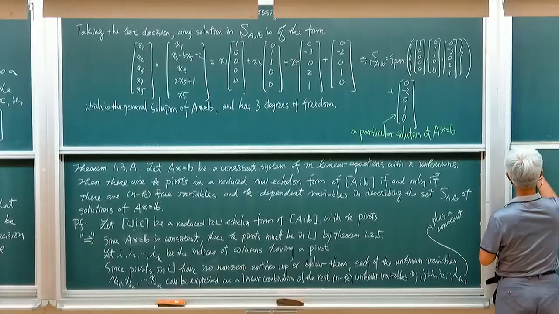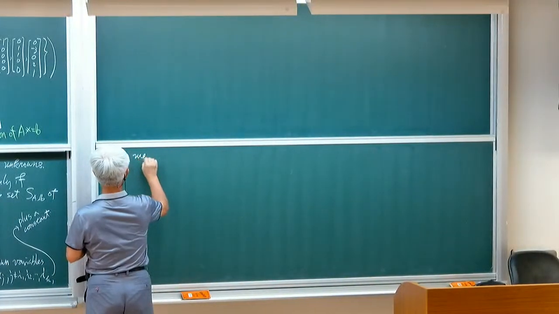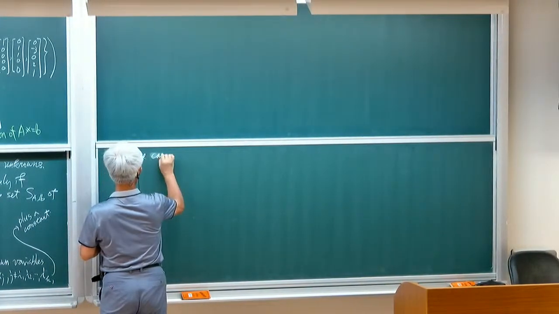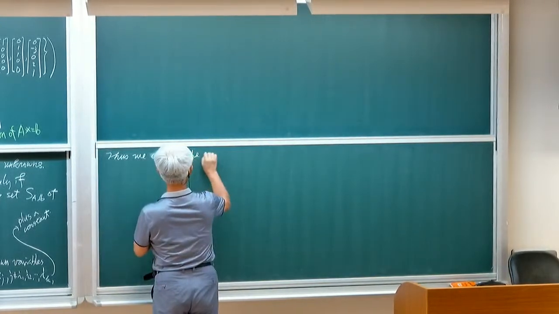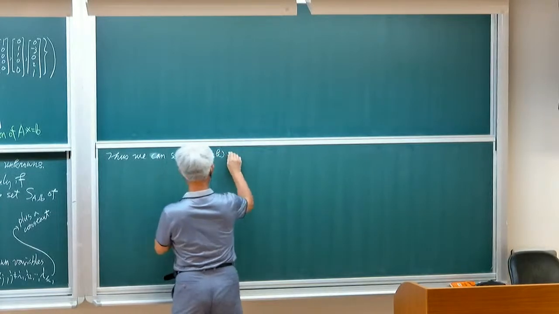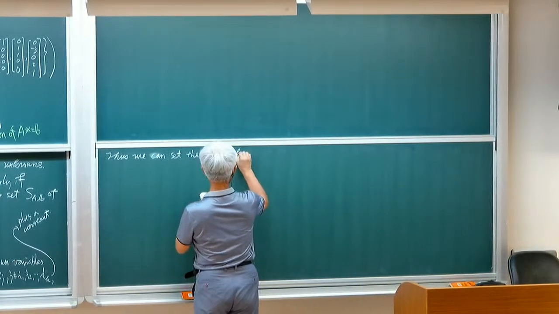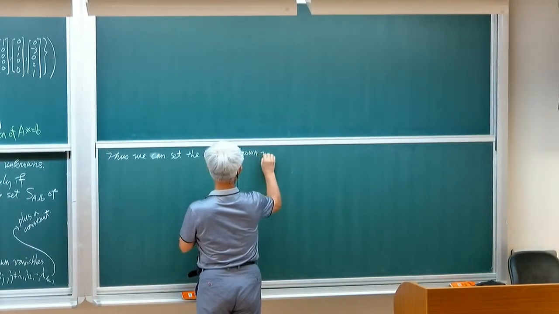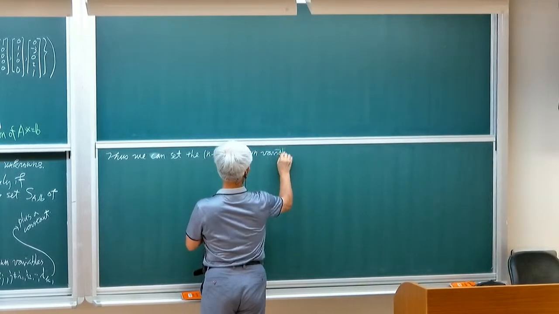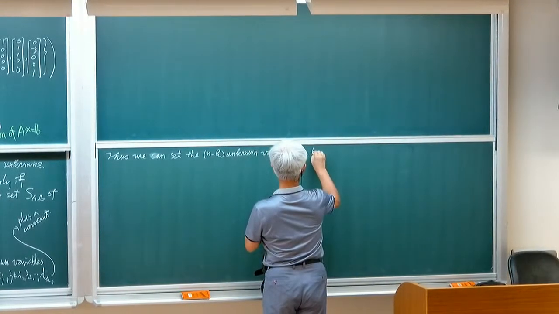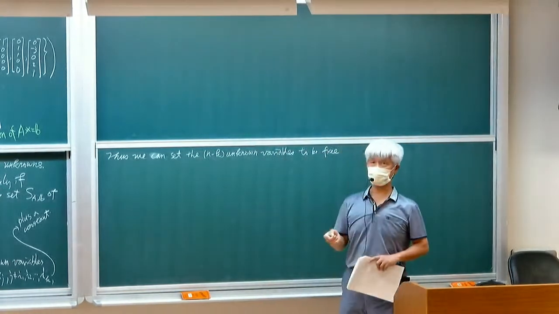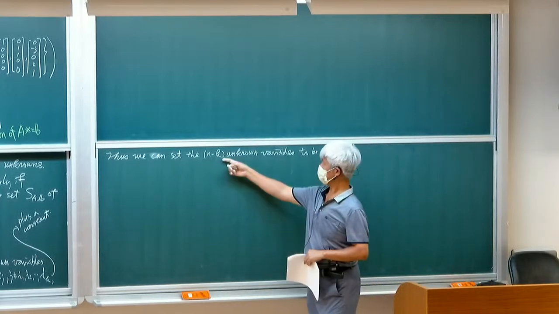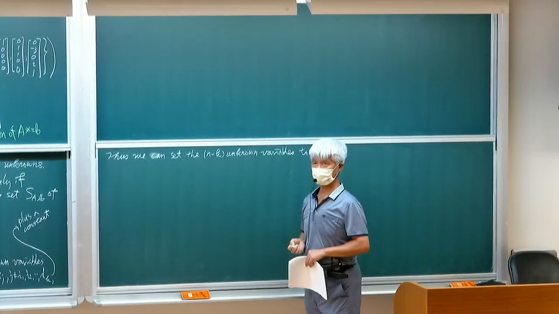All right, so thus we can set the n minus k unknown variables to be free. Okay, so our decision is to set the remaining n minus k unknown variables to be free.